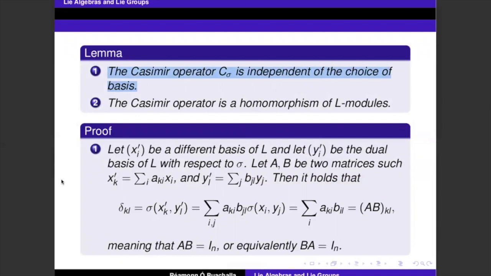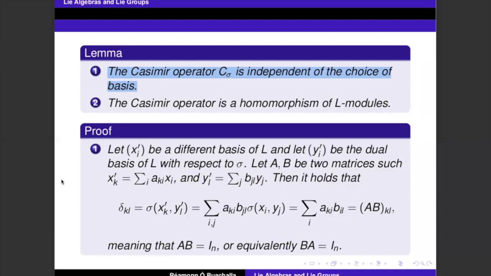We need to choose a basis in order to define it, but that choice of basis doesn't actually matter. So therefore, it is a canonical, natural operator to consider. What's also very important about it is that it's actually a homomorphism of L-modules. So it's going to commute with the action of the representation. And that's an extremely useful property.